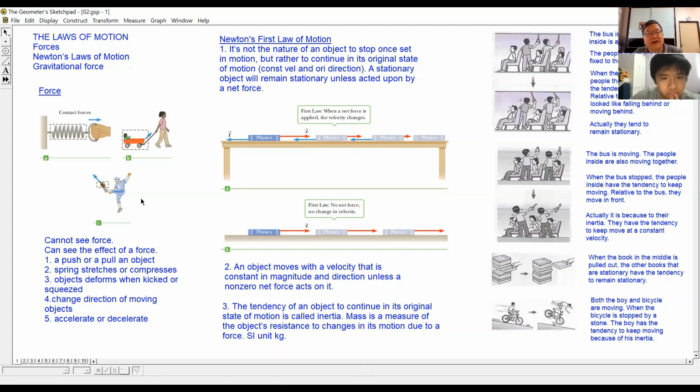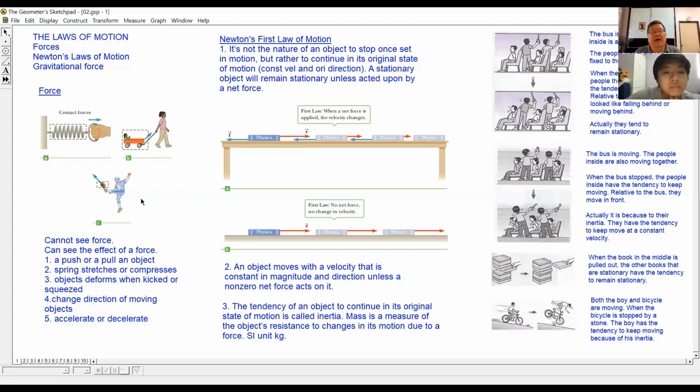That means there is a force acting on it. Or when you pull a rope, even though you are not moving, there is a force applied. Or let's say I'm pushing against the wall, even though the wall is not moving, I am actually applying a force against the wall.